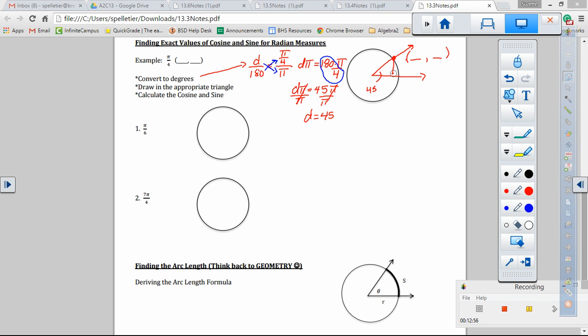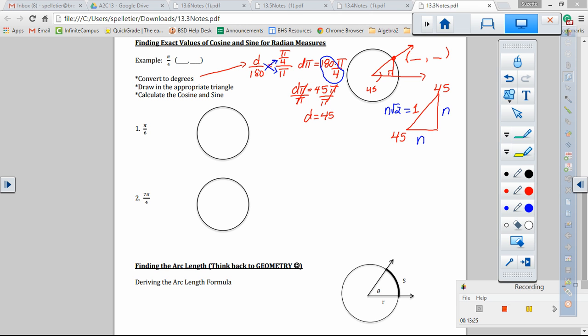Okay? And so we already know, if you look at your unit circle, at 45 degrees, what the sine and cosine measure is. So remember when we did a hypotenuse of 1 the other day with our triangle, when we were practicing our 45, 45, and we did 1 as the hypotenuse, and we said this is n, and this is n, and this is n square root of 2.